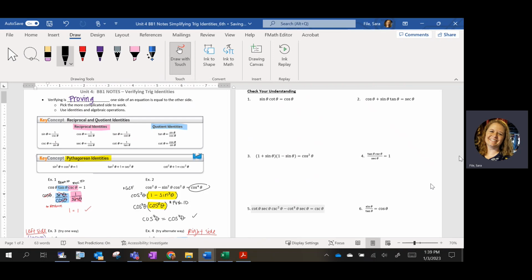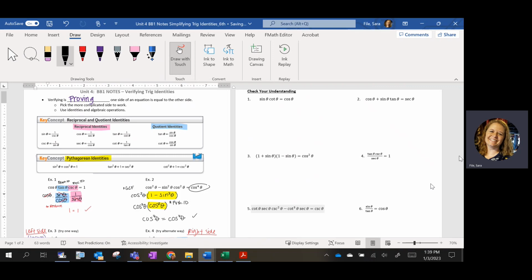And then don't forget that there is an Alex assignment online and it is due Thursday before midnight. So you have today, tomorrow, and Thursday to work on that Alex assignment. I think it's only 7 questions on the Alex as well.